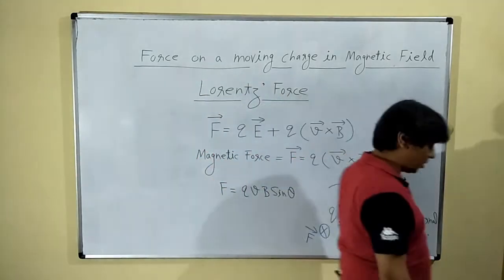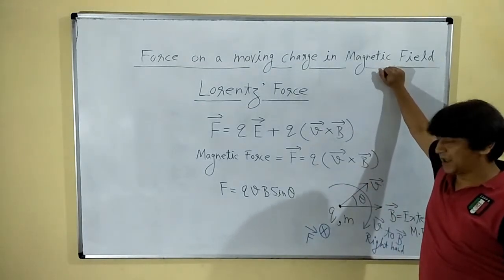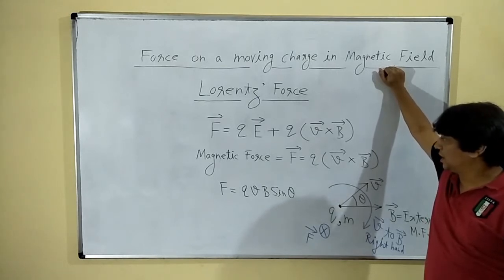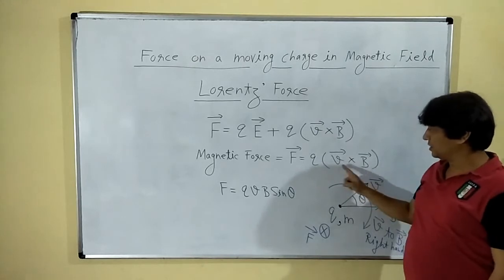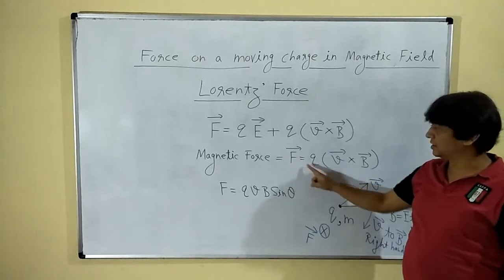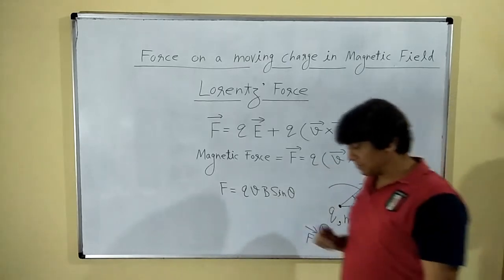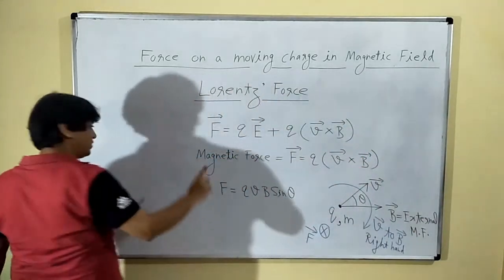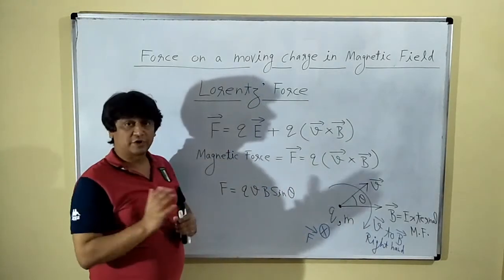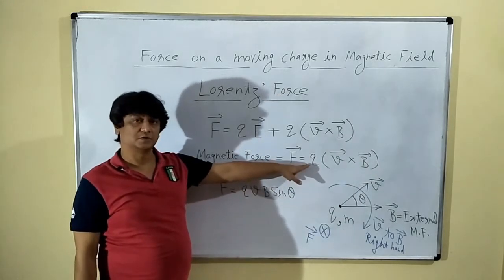But I hope you can see one additional thing here. Other than curling from V to B, the direction of force will also be decided by the polarity of charge Q. So when you wrote this statement that curl right hand fingers from V to B, then the thumb points in the direction of magnetic force, this statement is true only if charge Q is positive.